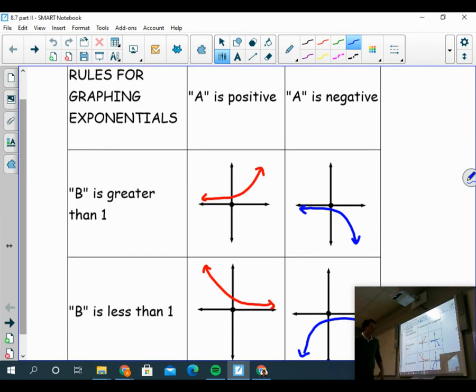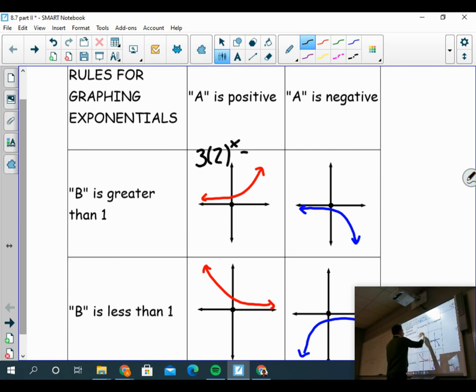And so when we graph exponential functions, while some may be steeper than others, they all broadly fall into one of these 4 categories. The first category is like the one we graphed yesterday. If your a value is positive, which my a value here is 3, and your b value is greater than 1, right? Our b values have to be either between 0 and 1 or bigger than 1.